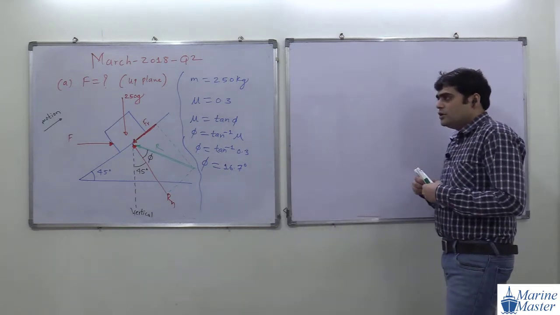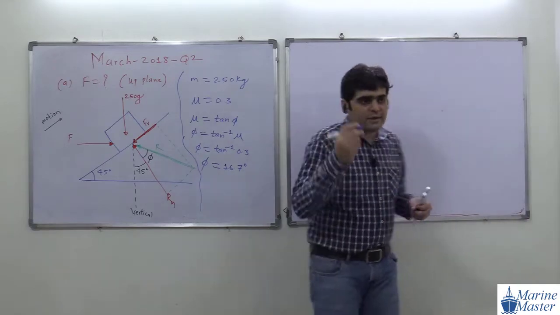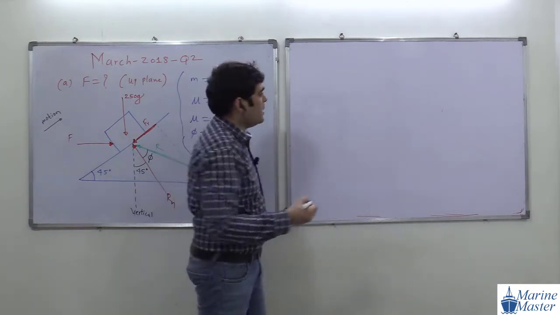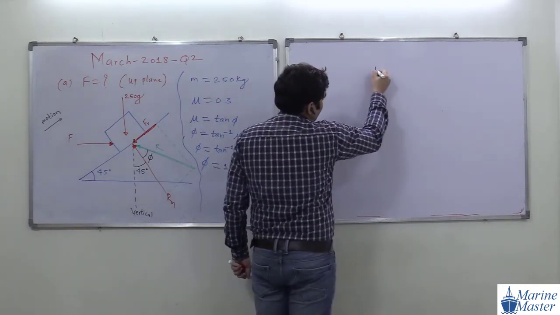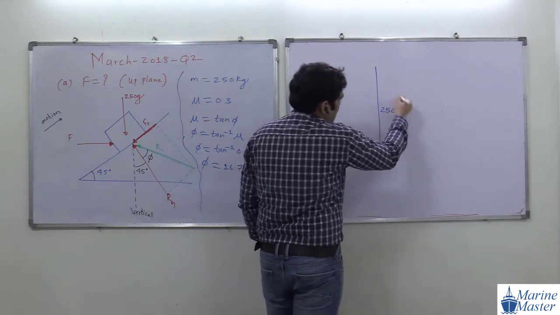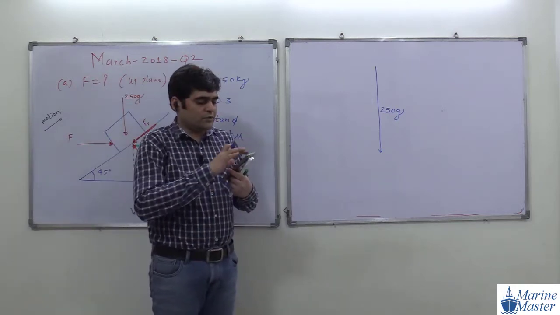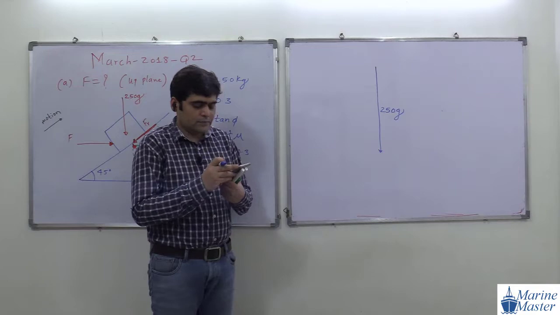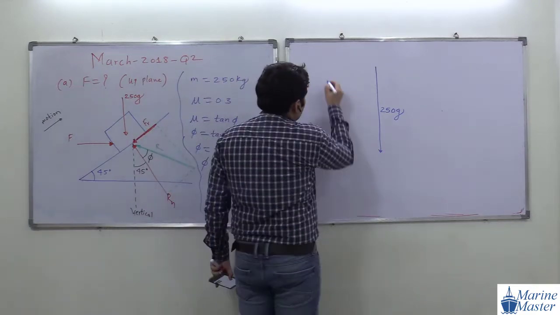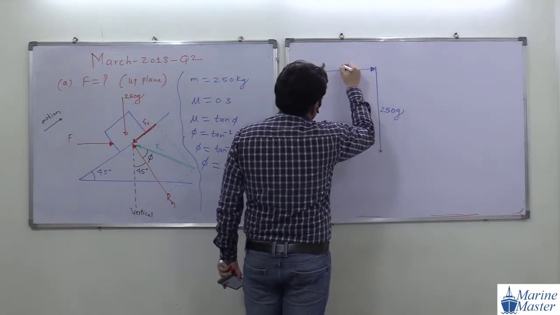And how to make the closed triangle? We will start with our reference. First of all, what are we going to draw? For our reference, we draw 250G. Okay, everyone getting my point? This is 250G.